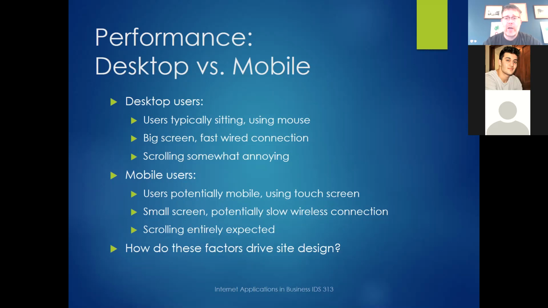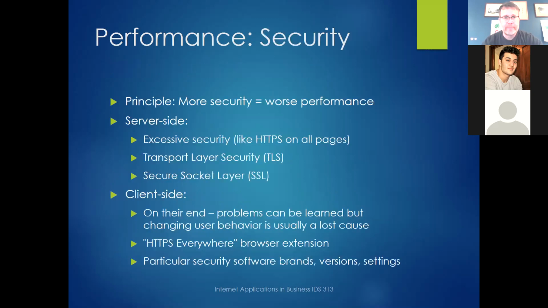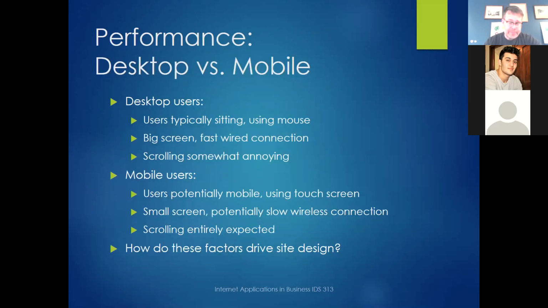Okay. How do those drive site design? Well, if you're coming up with a mobile app or a mobile website, you're going to have to spend a lot of time thinking about how the different parts of the screen relate to each other, and how users are going to travel from one part of the site to another. On a desktop, on the other hand, you don't have to worry so much about that.